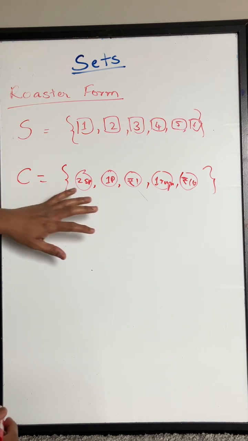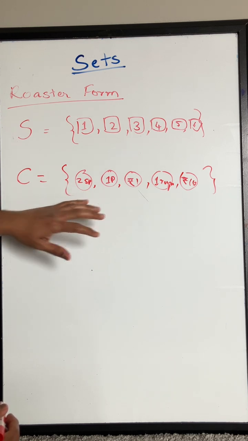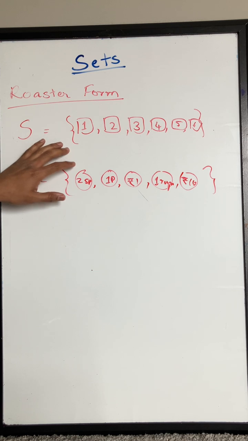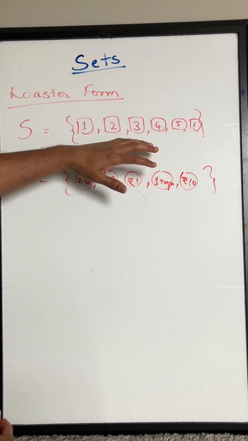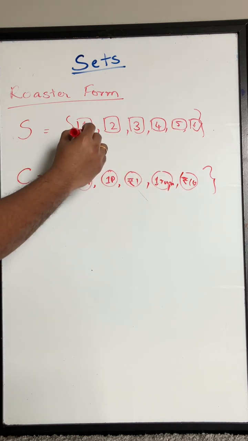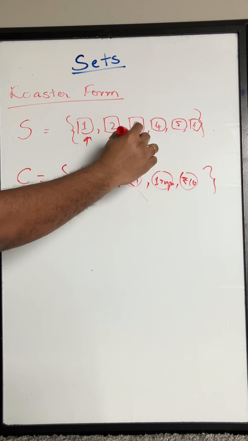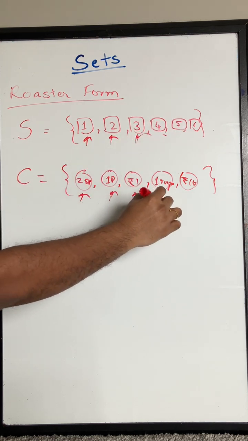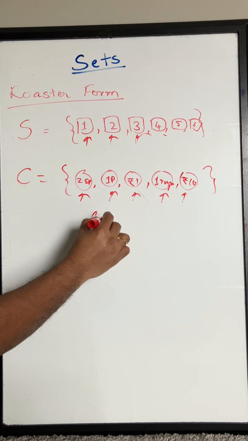So I have a coin collection. These are two different sets, and I'm repeating again: I put curly brackets and these are all elements. These are all stamps, 1, 2, 3, 4, 5, 6 are stamps. These are all coins.